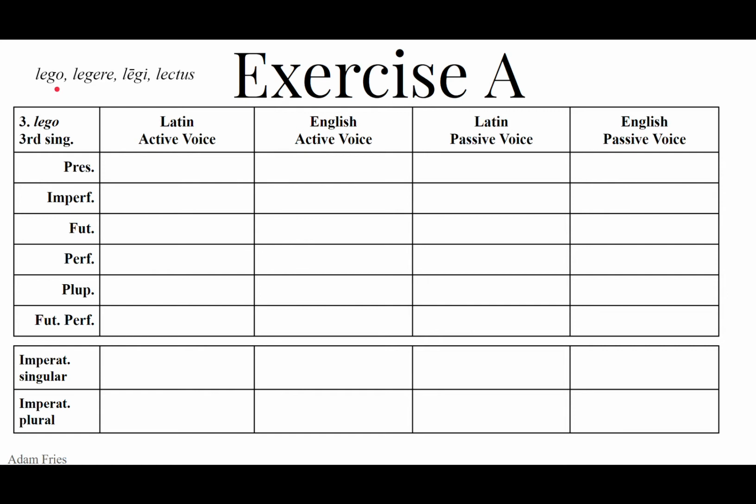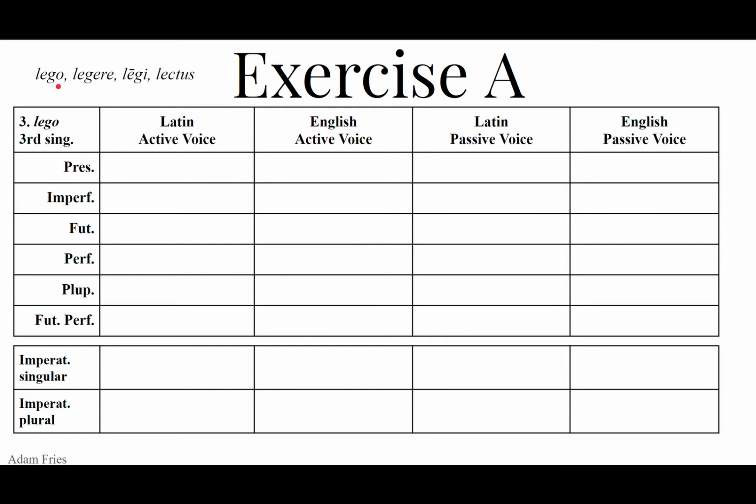This verb is a third conjugation verb. You know it's a third conjugation verb because the principal parts end in o, ere, a short e, r-e, and then the letter i pronounced e, and then us.